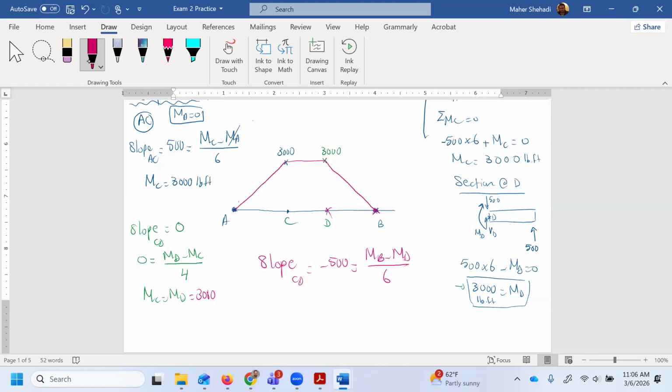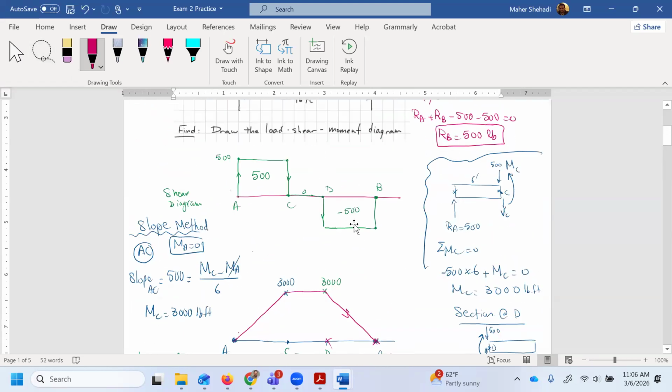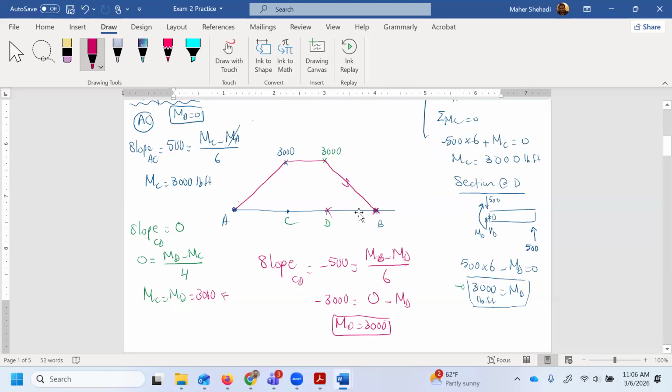Here we're going to have minus 3,000 equals MB 0 minus MD. Therefore, MD is 3,000. So that's what we got right here. So whether I take either way, 0, I'm going to find 3,000. Or if I plug in 3,000, I will get a value of 0. As you can see, it's moving down, and that's what a negative slope is.